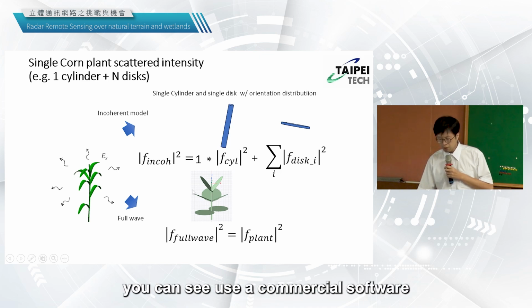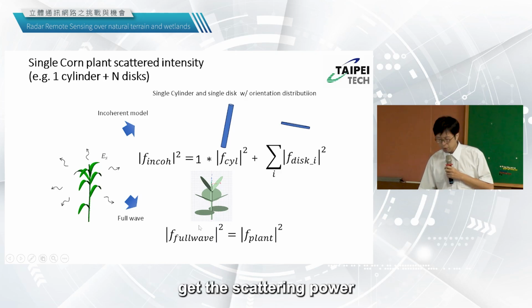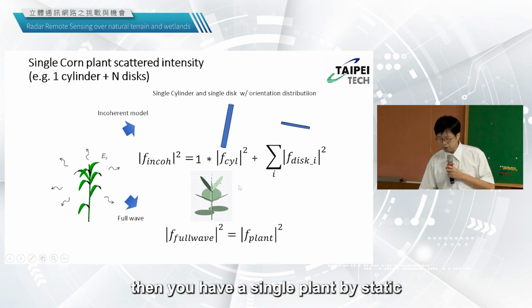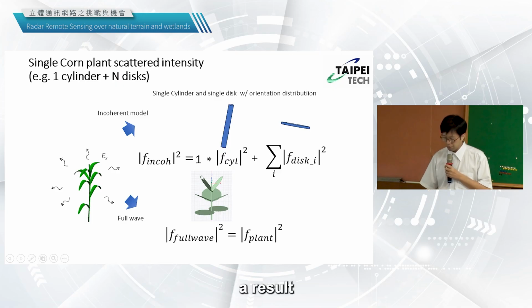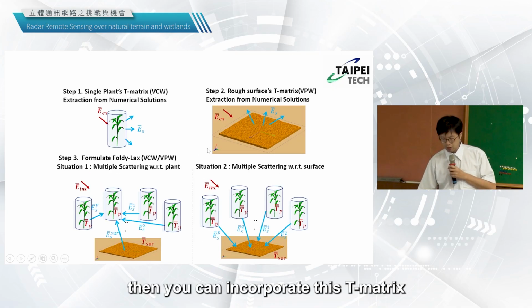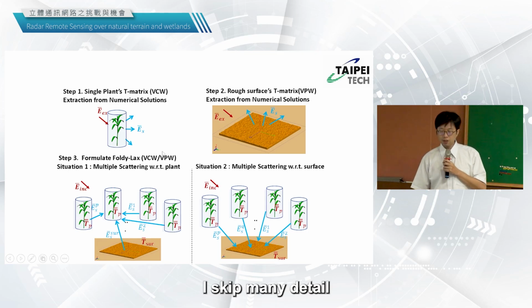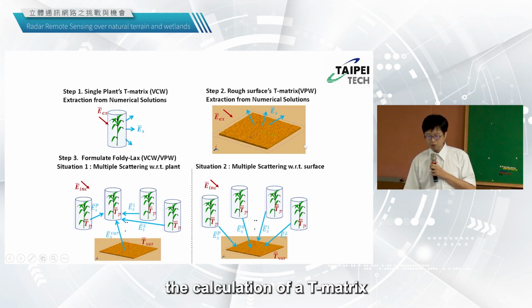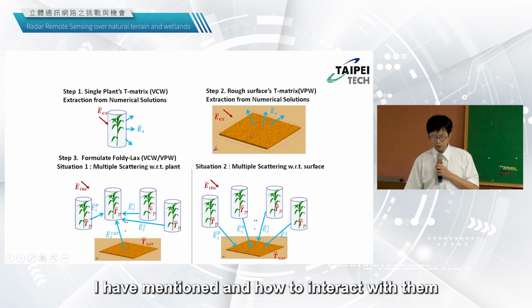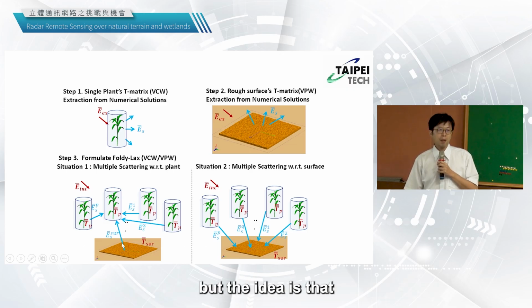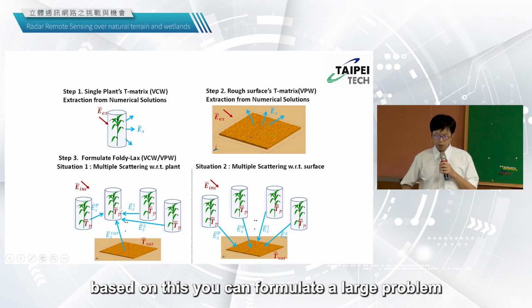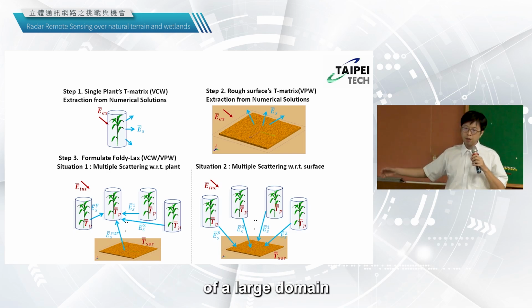You can use commercial software to get the bistatic scattering power, then you have a single plant bistatic result. Then you can incorporate this into the T-matrix calculation. I skipped many details: I haven't mentioned the calculation of the T-matrix or how to make them interact. But the idea is that based on this, you can formulate a problem over a large domain.